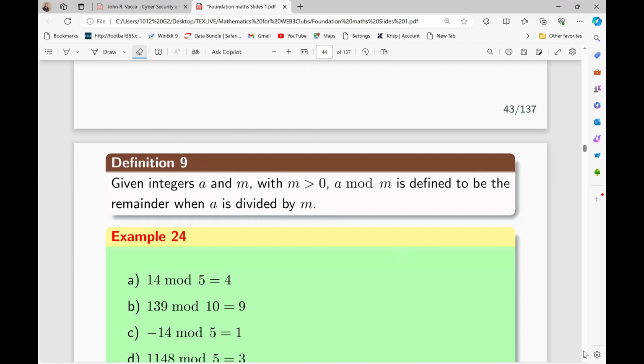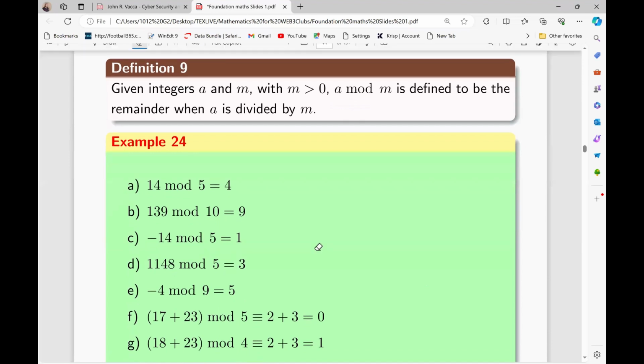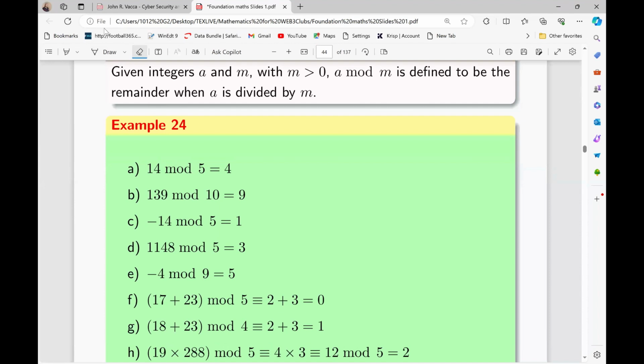And I've shown this example: 14 divided by 5. The remainder is what we're interested in, which is 4.